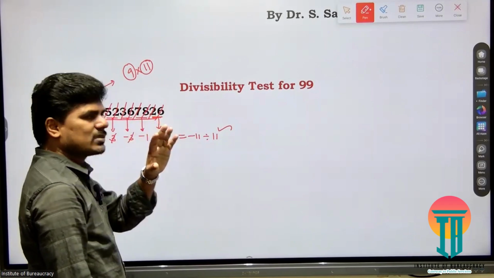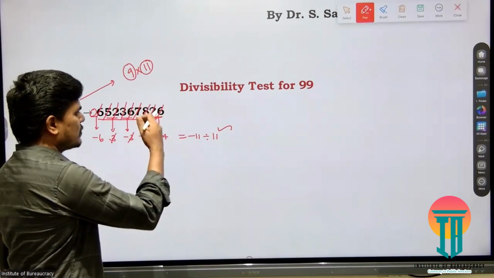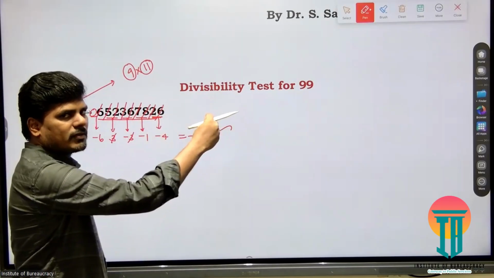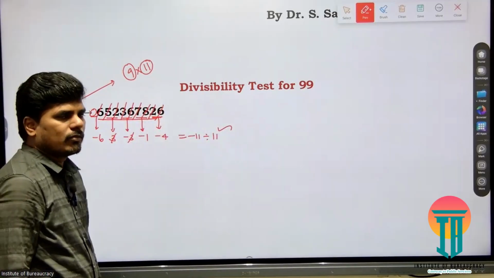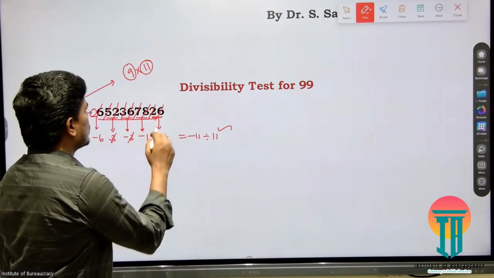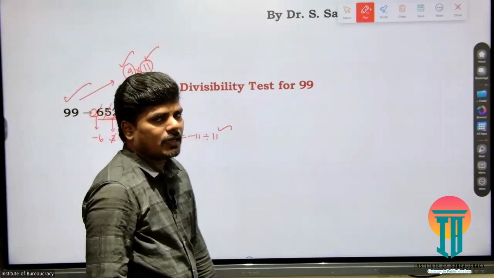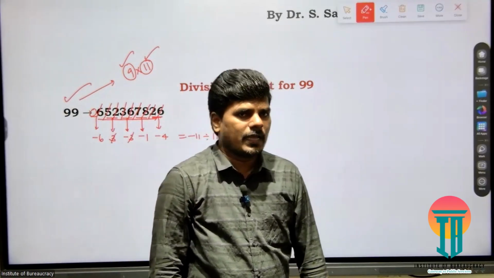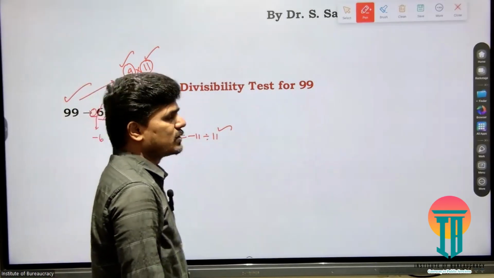So every number is cancelled now. Therefore, this number is divisible by 9. Or else you add all the numbers; the resultant number, whatever you get, is divisible by 9, so the entire number is divisible by 9. Any of the concepts you can apply. So it is divisible by both 9 as well as 11. Therefore, it is going to be divisible by 99. This is the divisibility test for 99, similar to the 88 test we discussed in the last video.